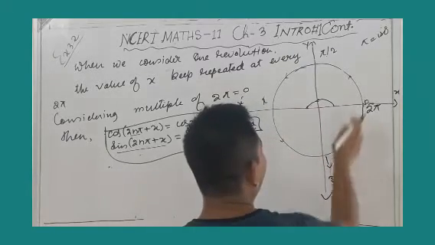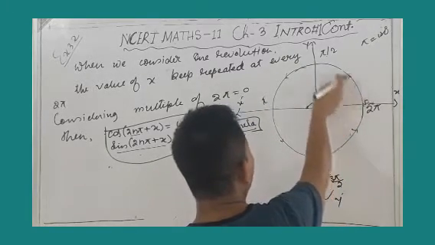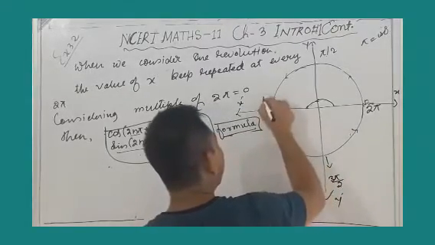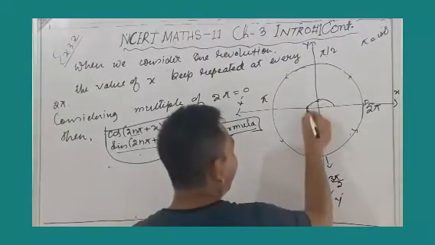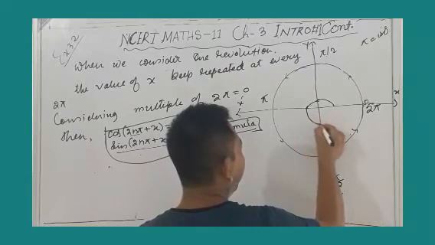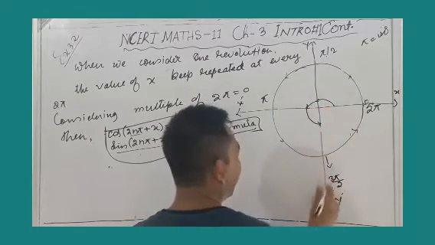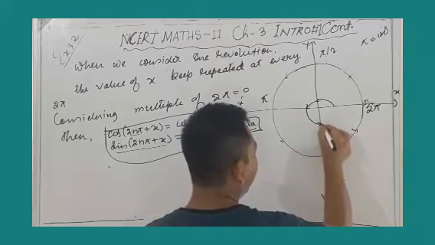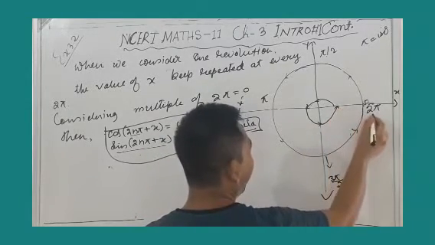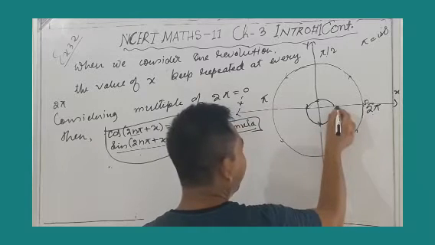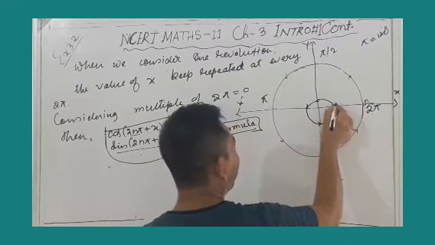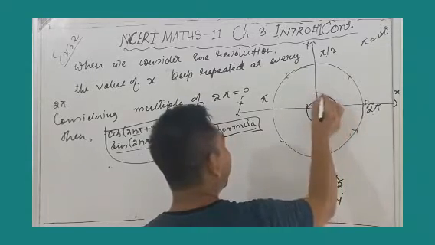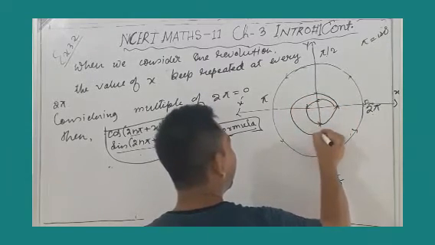Starting from here to here, it is reaching the point pi. Now here you're reaching 3 pi by 2. Again it is reaching 2 pi, correct? And it will keep repeating like this. It will keep rotating like this.